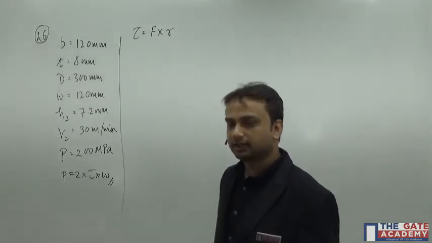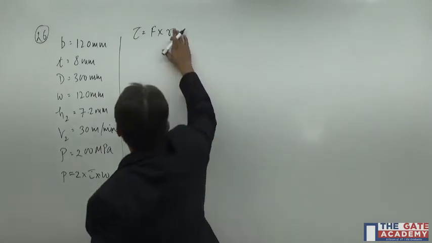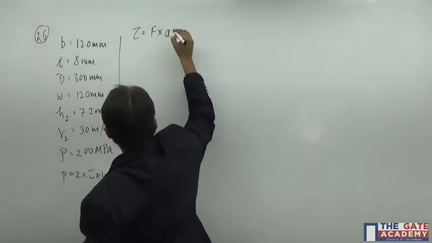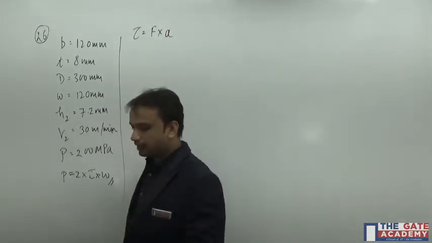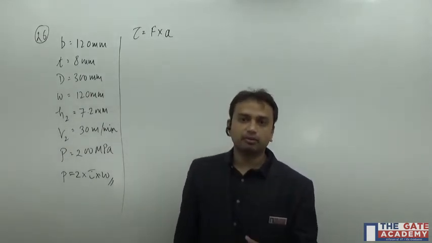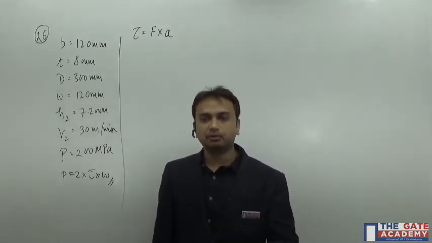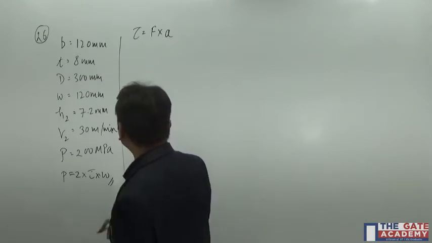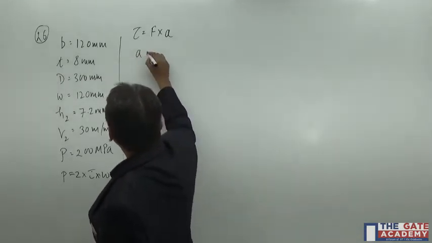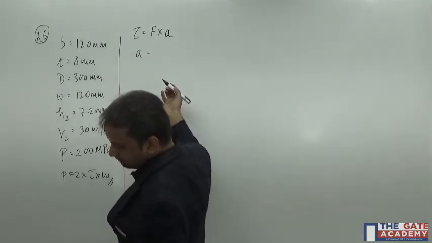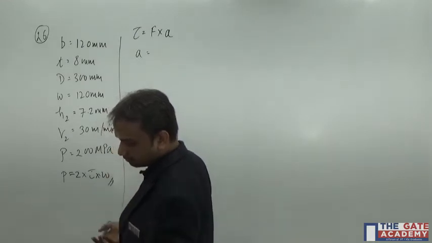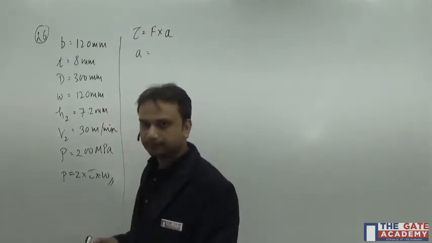We have to consider something else, R has to be replaced by A. Now what is A? A is known as the arm moment. And how do you calculate A?